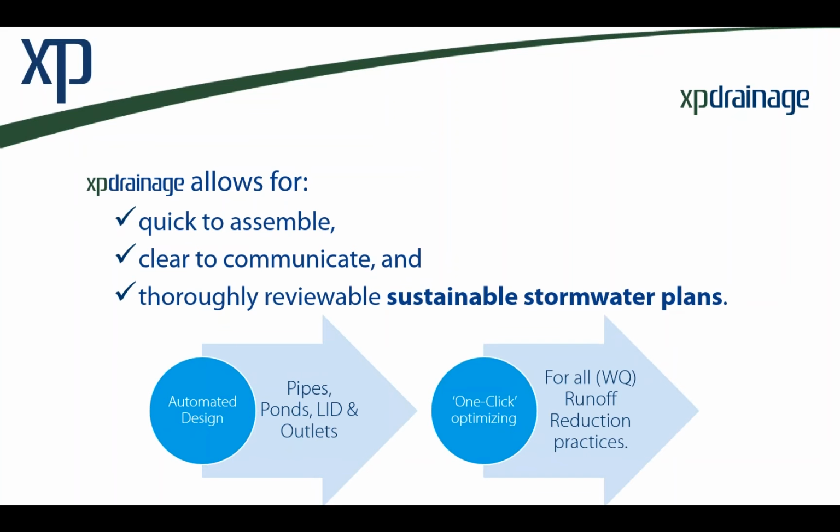And if you happen to have runoff reduction or water quality systems that you're sizing and using on your site, we happen to have really gone to the pretty sophisticated route, we have this one-click optimizing option where you can size just a single facility or all your facilities in a really intelligent way. So pretty robust.